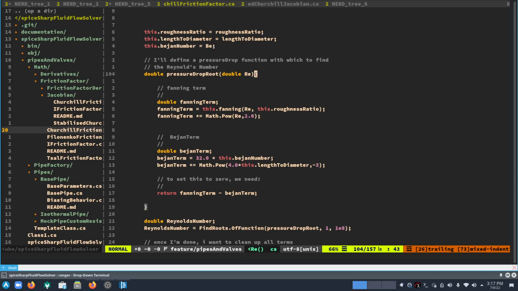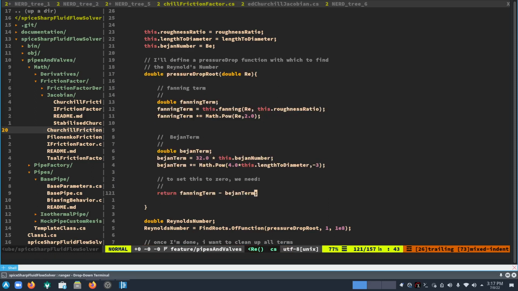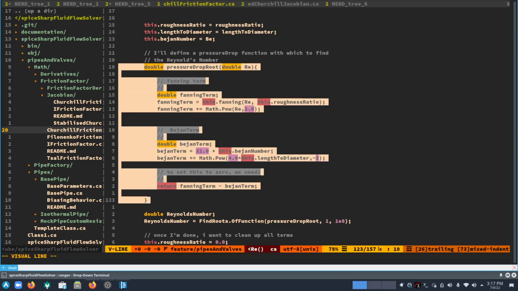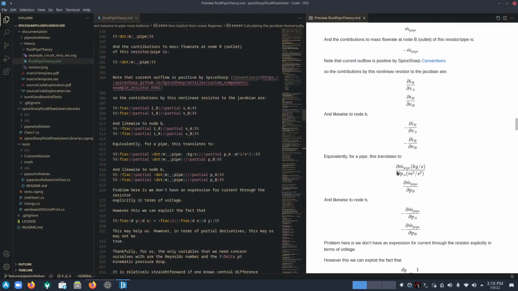The function must be one input, one output, so the input here should be the Reynolds number. The output here is whatever this thing is here. What I want to do is to make this function 0. So how does this function work? Let's look at the underlying equations here.